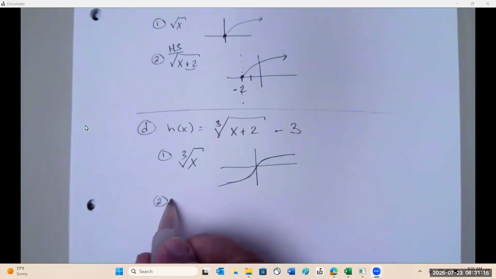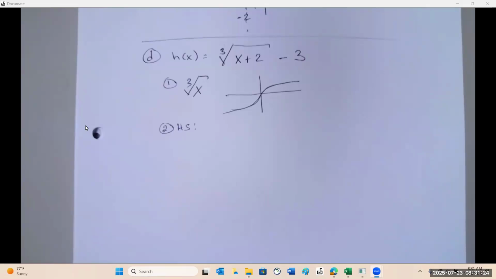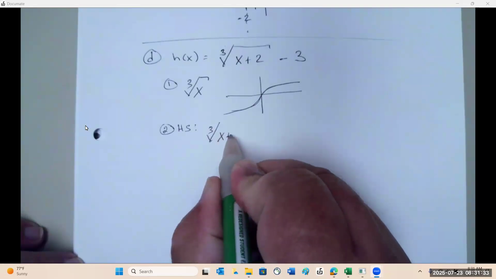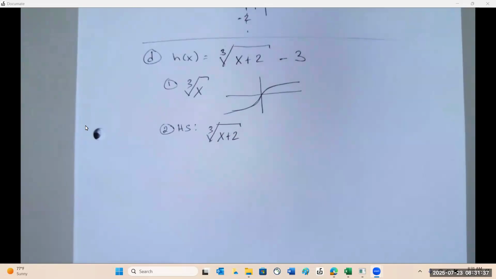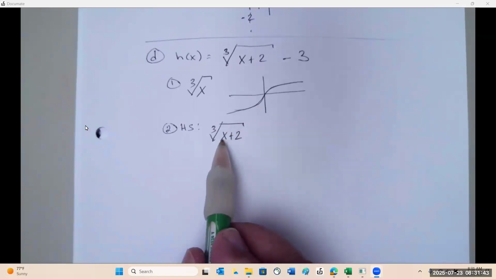Then we can make a checklist. Is there a horizontal shift inside here? How many spaces, which way? Yes, there's a horizontal shift. If I change x, before I can take the cube root, I have to add 2 to whatever x is.